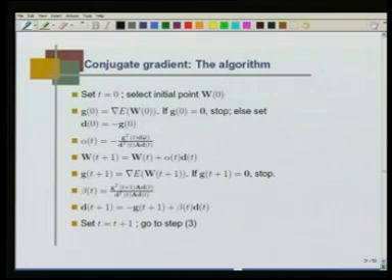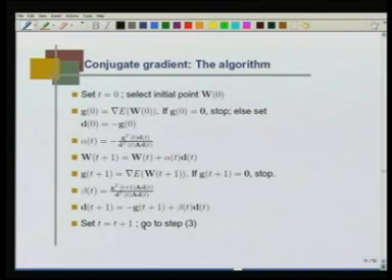So, this t is not time, this is 0, 1, 2, 3, 4, 5, and wt plus 1 is wt plus alpha t dt, and so on. Gt plus 1 is computed. If gt plus 1 equal to 0, stop, because once gt becomes 0, it is a minimum position. So, then beta t is this quantity, dt plus 1 is minus gt plus 1 plus beta t dt. Set t equal to t plus 1, go to step 3.